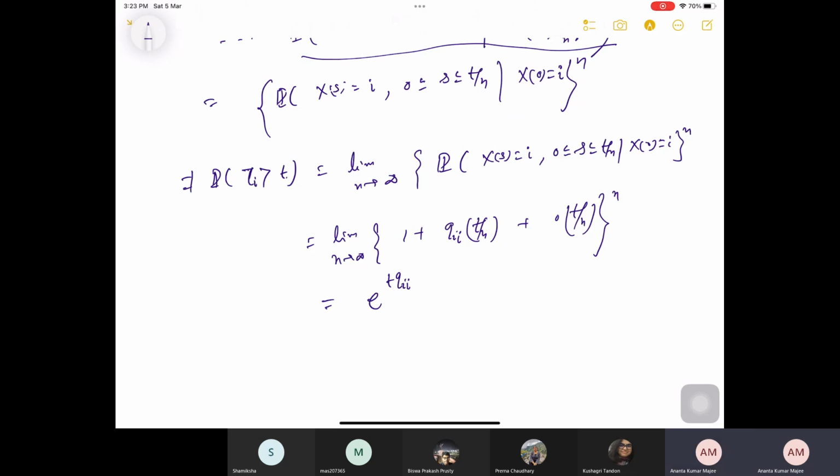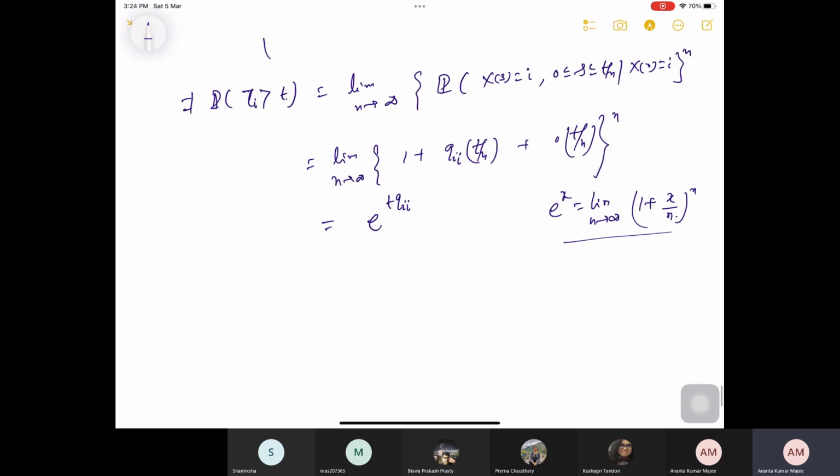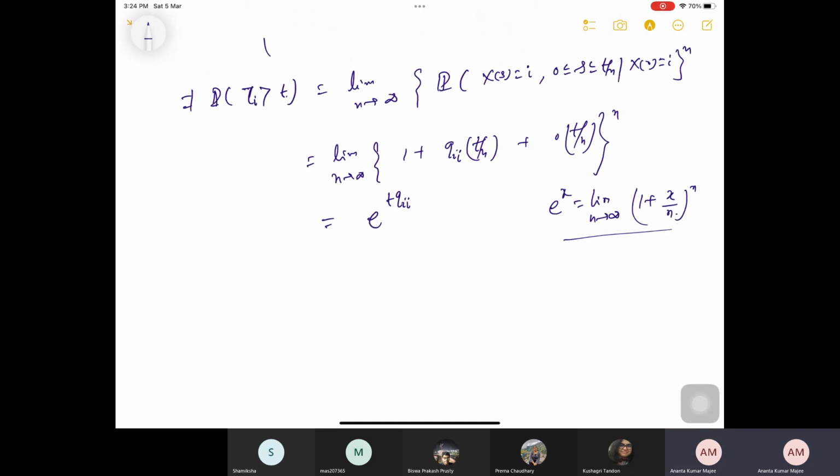So it is of the form limit n goes to infinity, 1 plus x by n whole to the power n, which is another form of e to the power x. This sequence converges to e to the power x. Sorry, sequence, why did I say series? Sequence. So the probability that tau i is greater than t is e to the power t q_ii.